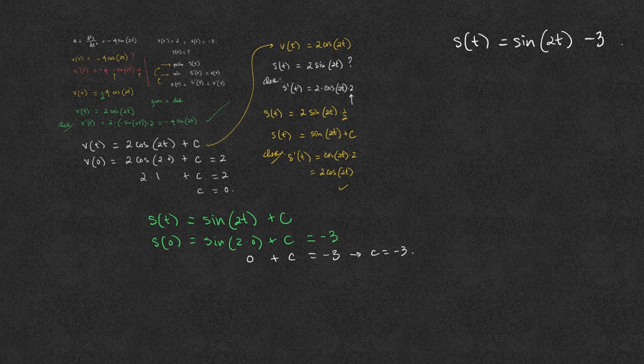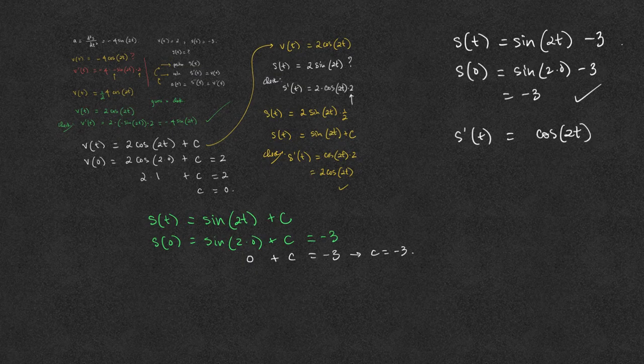How do we know that this is the correct answer? The correct answer needs to satisfy the differential equation as well as any initial condition. If we plug in 0 into s, we need to get negative 3. Sine of 0 is 0, 0 minus 3 is negative 3, so the initial condition checks out. We take the derivative of this to get the velocity, which is cosine of 2t times 2, and the derivative of negative 3 is 0.